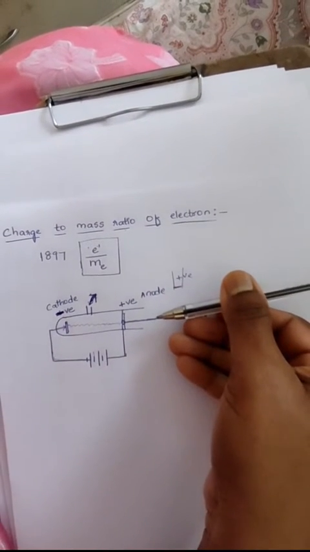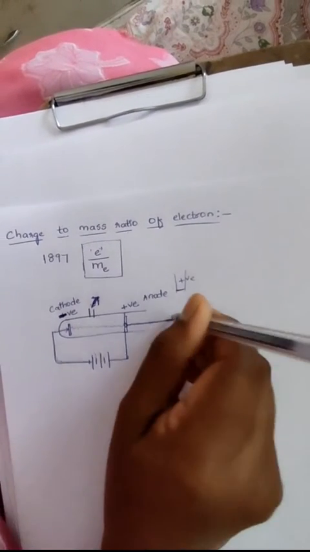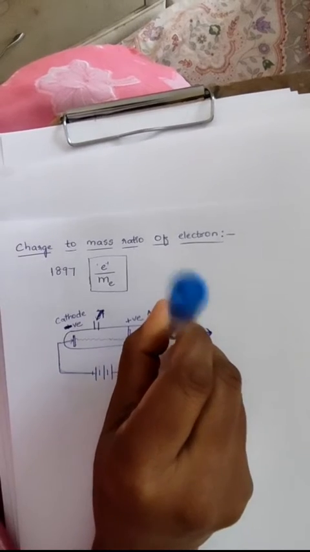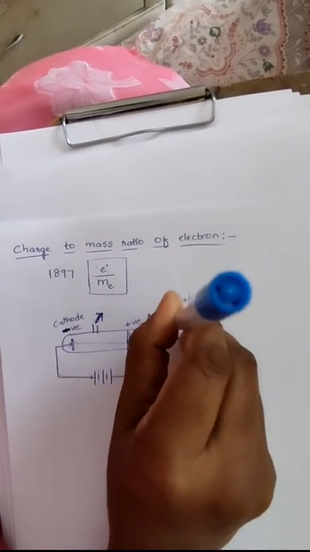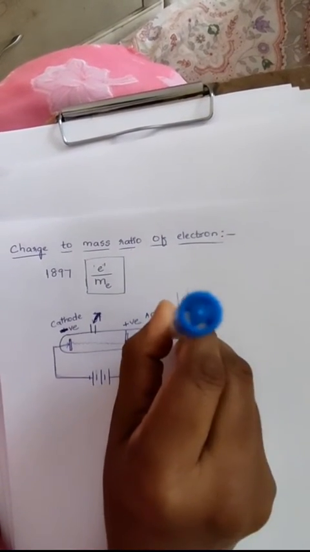This is the path of cathode rays, and you can see the perpendicular magnetic field.